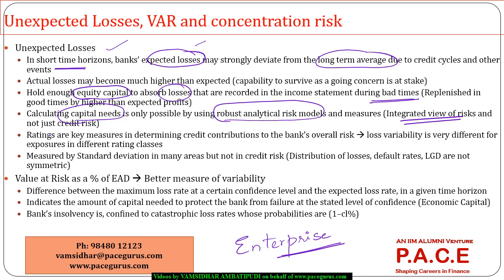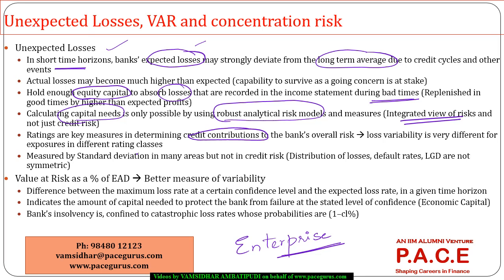And when we talk about the ratings here, they become the core. How much of the credit risk is playing, to what extent credit risk is contributing to the overall risk of the bank. The credit ratings play an important role in explaining this particular aspect.